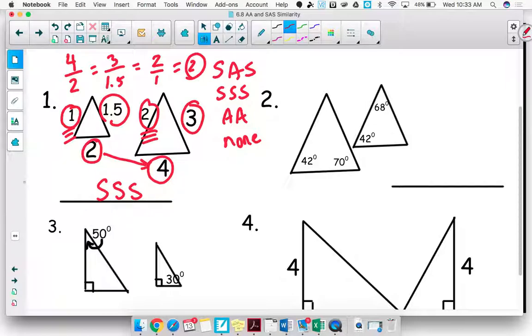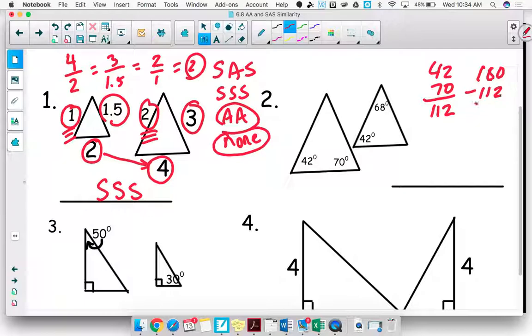So on number 2, we have some angles provided. And it looks like we're probably going to be narrowing it down to either angle, angle, or that they're not similar. So let's see what we can observe. In each triangle, they only give us 2 angles. So let's try to figure out the third one. Well, 42 plus 70 is 112. So if I subtract from 180, 68 degrees is left for the top angle.